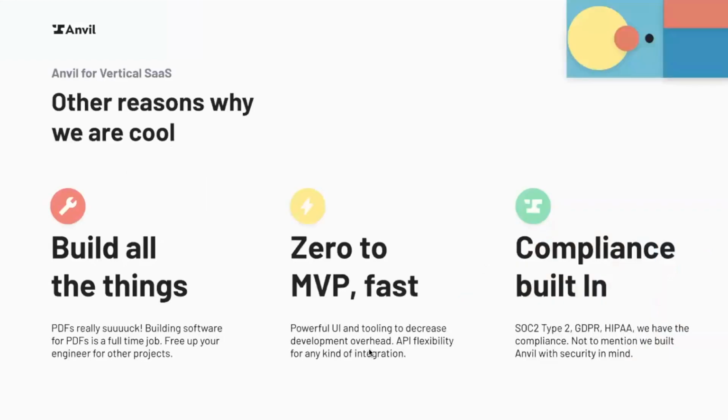So other reasons why Anvil is cool, and why we like our product. I think one thing is, if you ever worked with PDFs as a software developer, they're really painful to work with. Generating a PDF or rendering a PDF is a slow process and typically done in the browser.